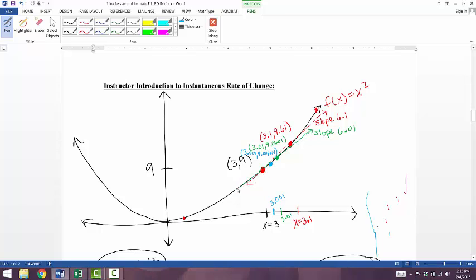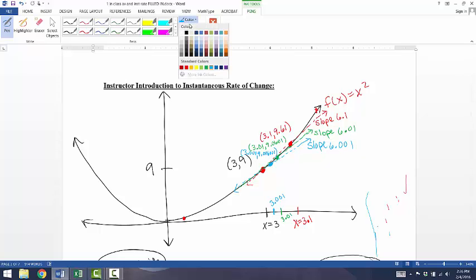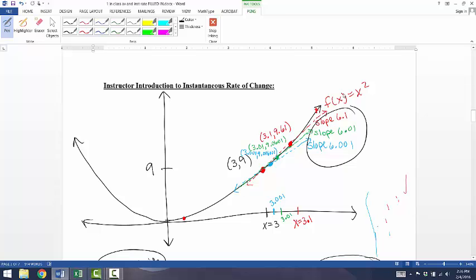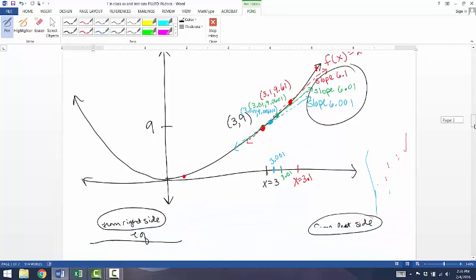And now I'm going to draw that secant line again, and this will have a slope when you calculate change in y over change in x. It'll be 6.001, and I'm starting to see a pattern here, right? We can definitely see as I get closer and closer to x equals 3, these slopes seem to be getting closer and closer to 6.